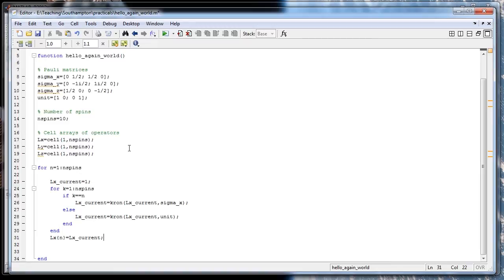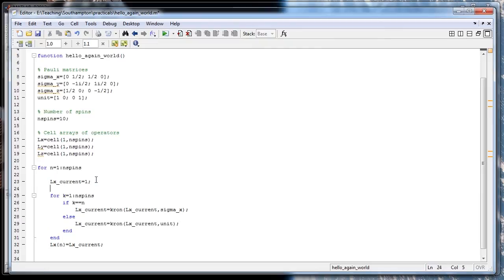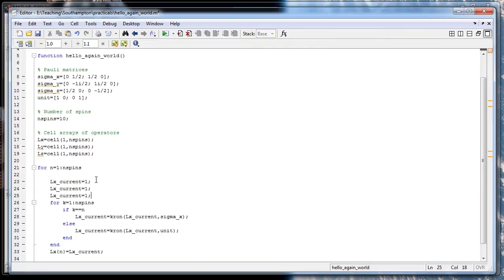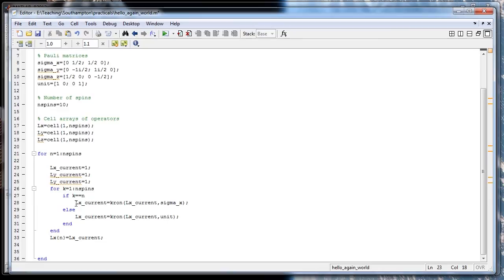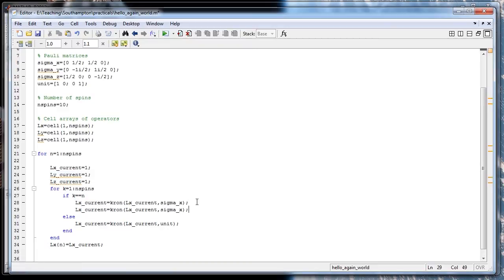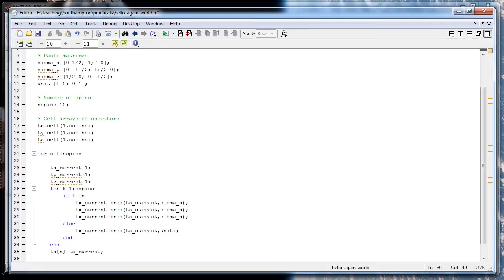Well, we can similarly do it for the Ly and Lz, so I would not write another for loop for that. I will simply just cut and paste things here and duplicate the corresponding lines in the if statement, not forgetting to change which operators we're actually crossing.